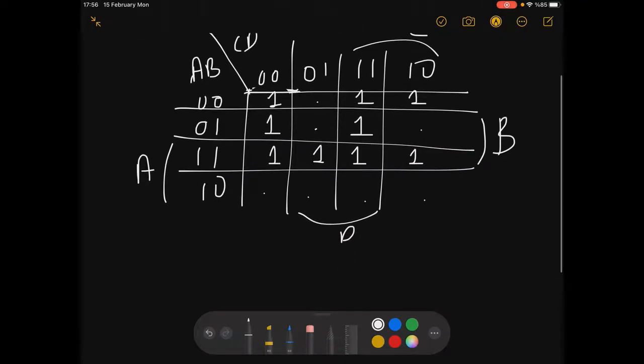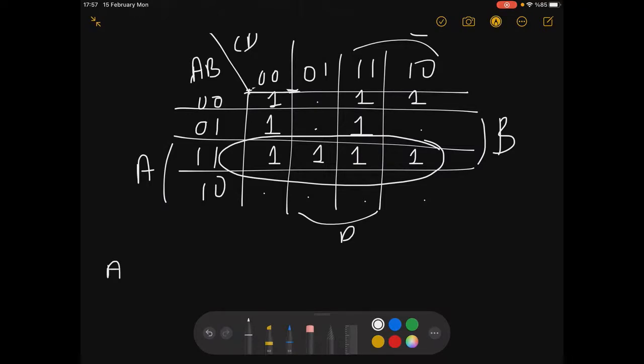Okay. Try to cover with the largest groups. This one is large enough, the first one. And then what is this? It is A, B, right?